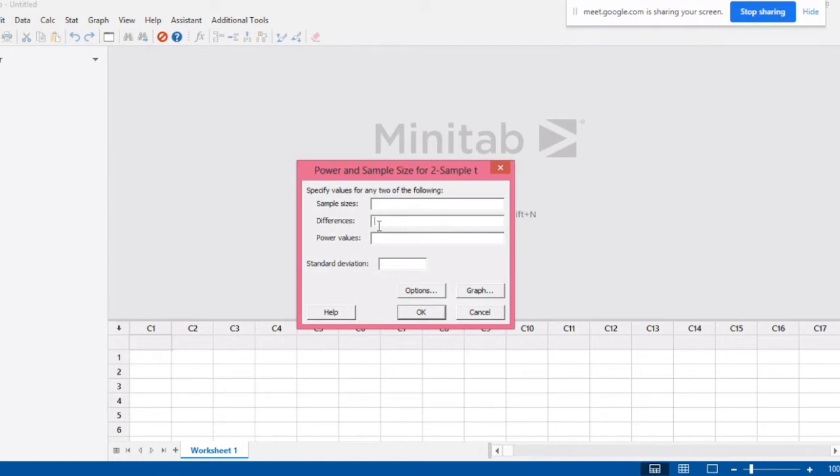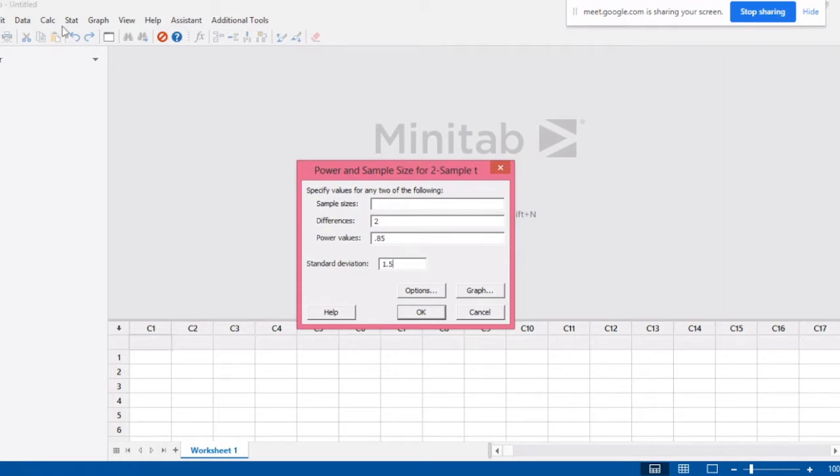What is the difference you are looking for? Difference in the mean. Suppose we consider 2, and we have the power of 0.85, and standard deviation of 1.5.